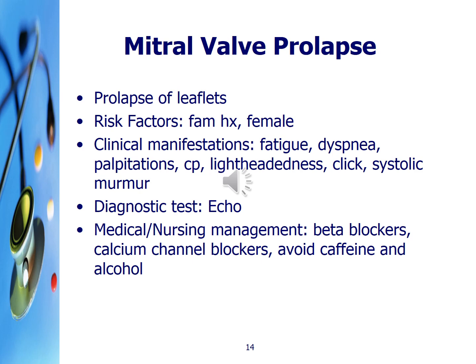Some of the medications they will be on would be beta blockers and calcium channel blockers. The patient should eliminate caffeine and alcohol because that aggravates the symptoms. They may be on a diuretic to help drain the fluid from the lungs if that's an issue. They may be on antiarrhythmic medication.